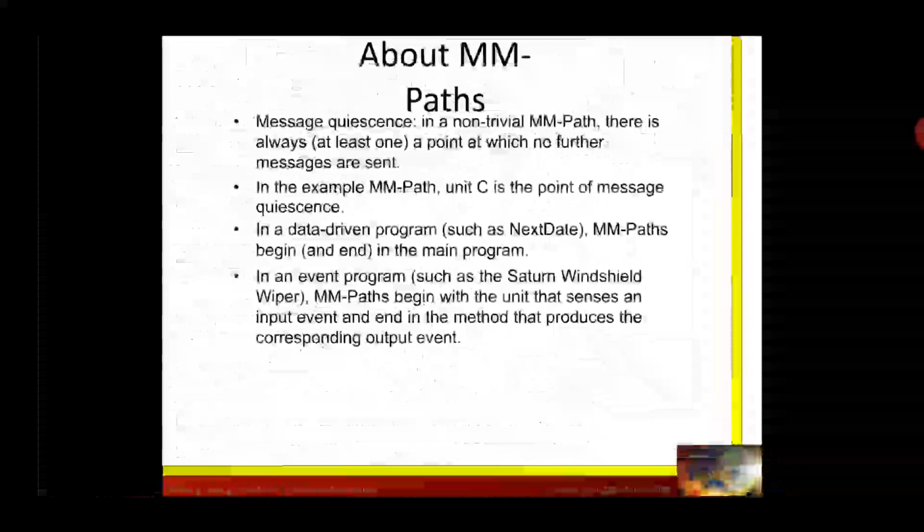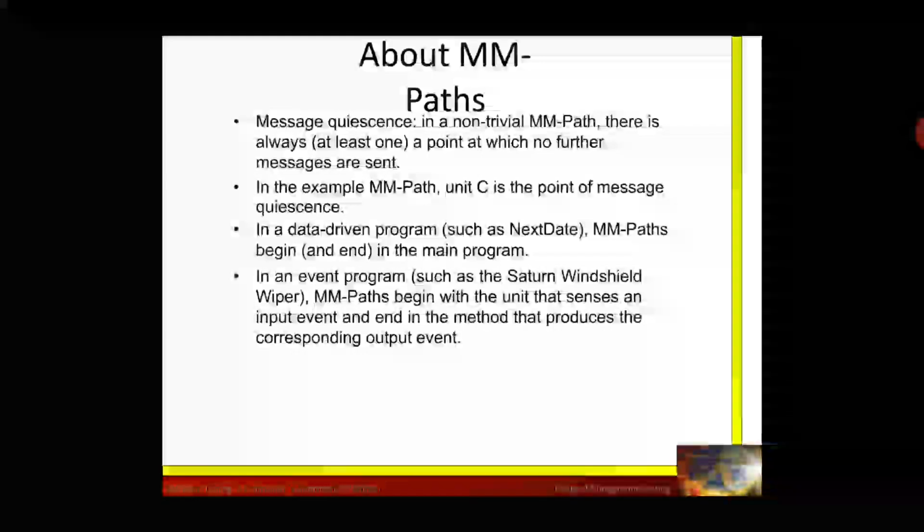If you want to know about MM path again, for a non-trivial MM path there is always at least one point at which no further messages are sent. Of course, there should be some end to anything, right? That's why for message transfers also, there is some particular end.